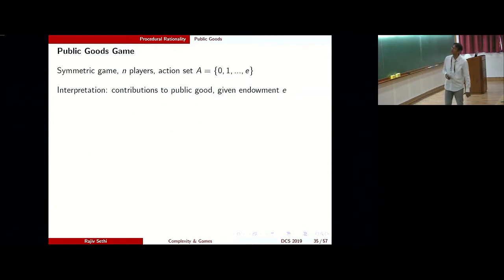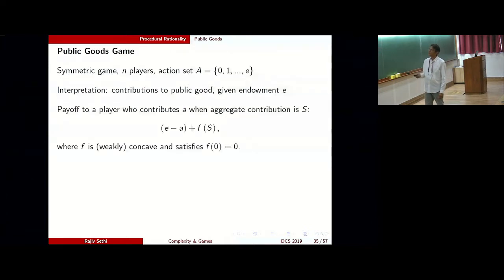Okay, so here's a public good game. Similarly, you have your tokens, your endowment, 0 to E, and the payoff function. The difference is that instead of w, we just put 1. So basically, any token that you do not invest, where a is your action from this set and E is your total number of tokens, any token that you do not invest in the public good gives you 1 unit of payoff. And any token that you contribute to the public good, the total contribution here is s, and this F is different from the other F, but again concave, is just a function of this.